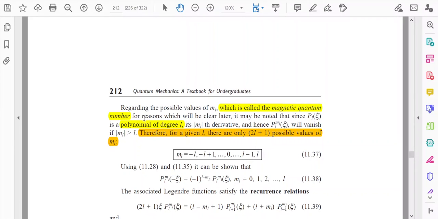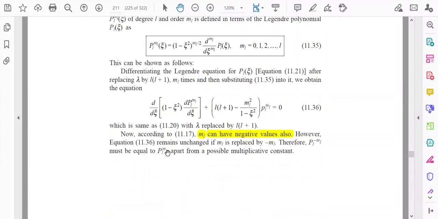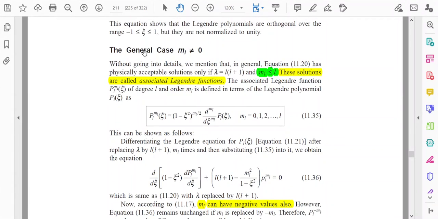So what should be the possible values of ml? What we have already learned is that the values of ml will be 0, plus minus 1, plus minus 2, and so on. And when we started our discussion regarding the general case ml not equal to 0, we said that the value of mod ml should be less than or equal to L to obtain the physically acceptable solution.